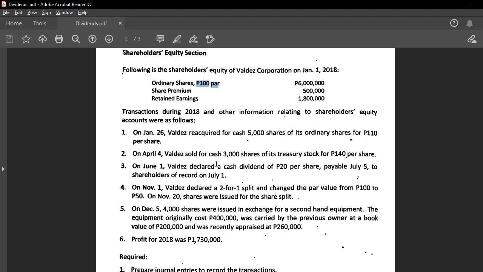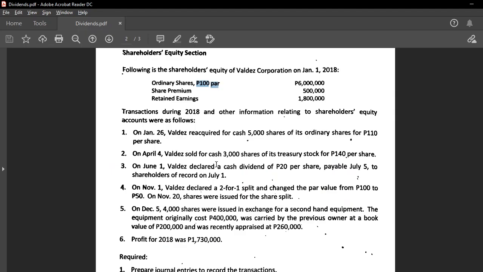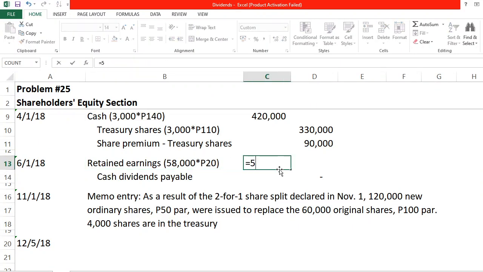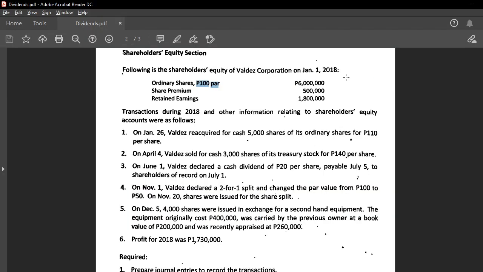The 2,000 is in the treasury. So that would be 58,000 shares times how much per share? 20 pesos. So that's 20 pesos, and that is 1.16 million dividends.